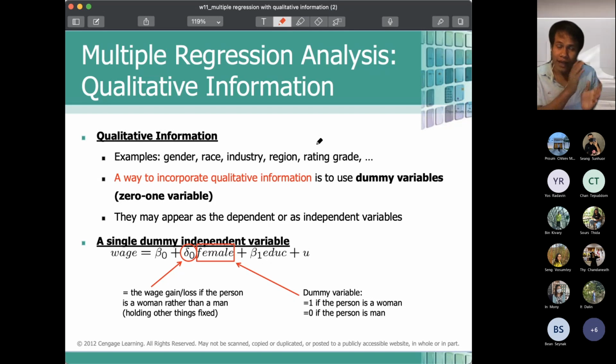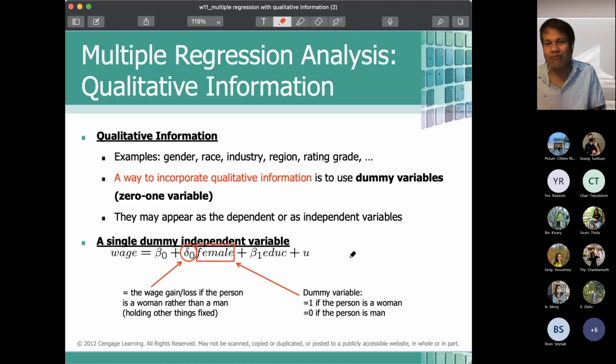Remember from our previous lessons, if both dependent and independent variables are numerical or continuous, you interpret it like a 1 unit increase in X, how much it affects Y, right? So if you have qualitative information, how do you interpret a 1 unit increase in X, if your X is qualitative?